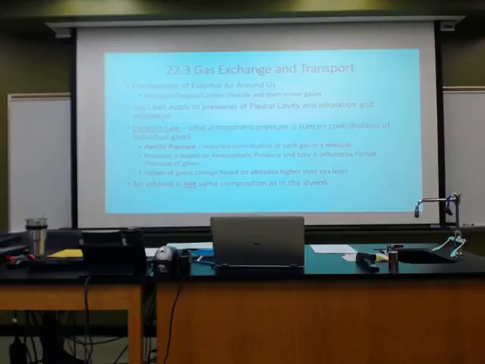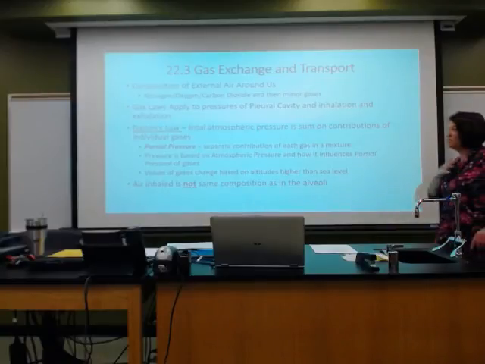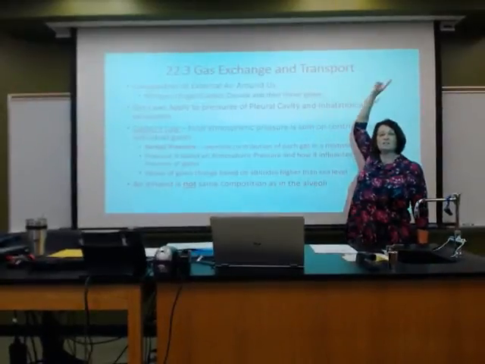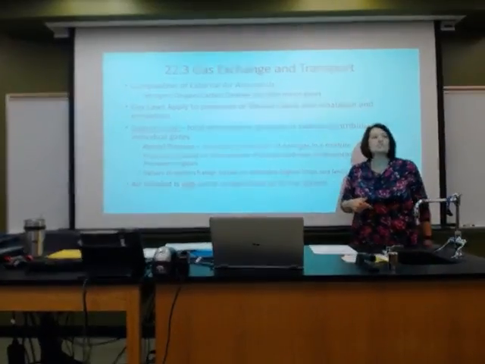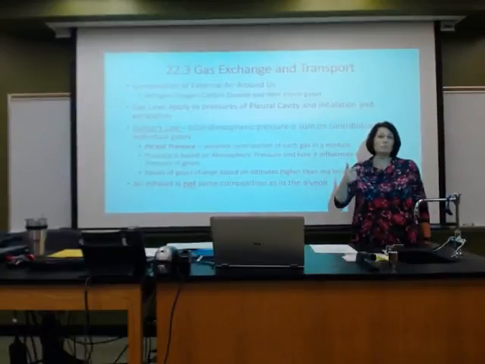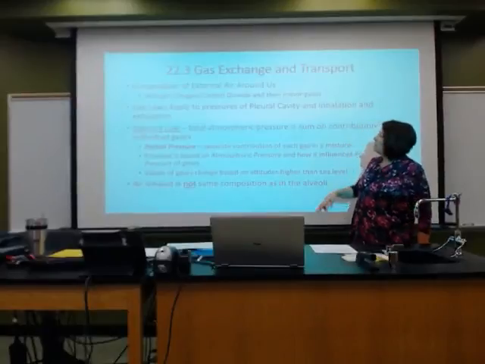My red blood cell production, because I need more of them than what I need here at sea level. So our external environment affects our respiration, our gas exchange, okay? Because in Mile High City, I need more oxygen. And the body needs to produce that, the red blood cells to carry it.